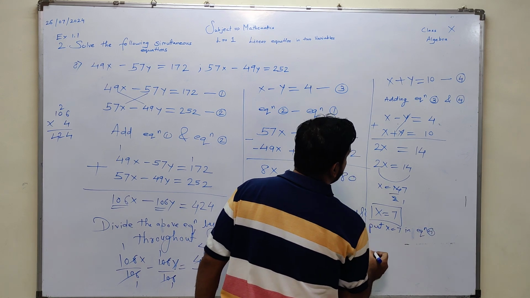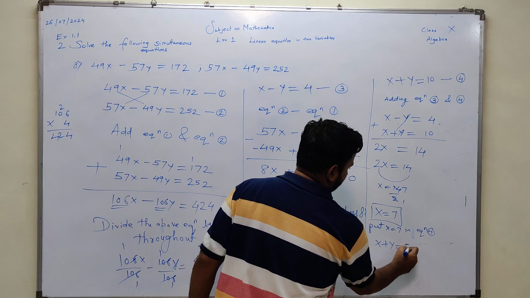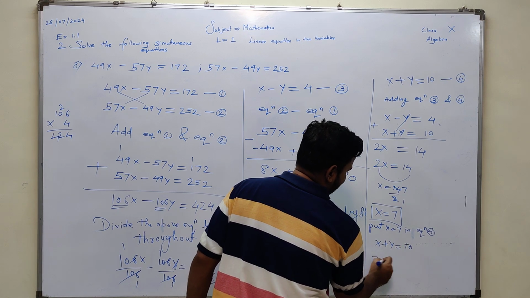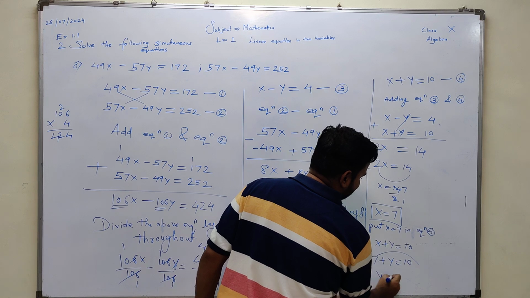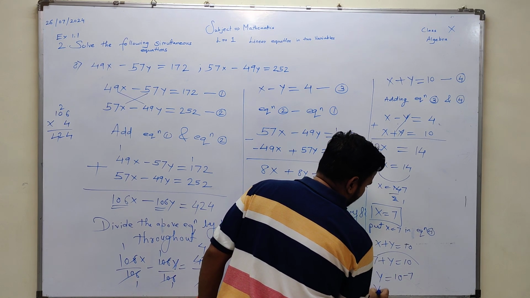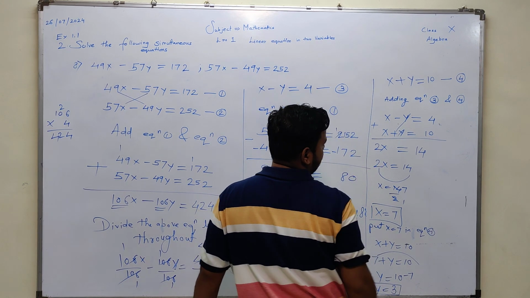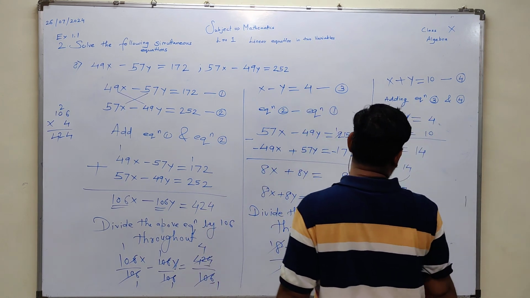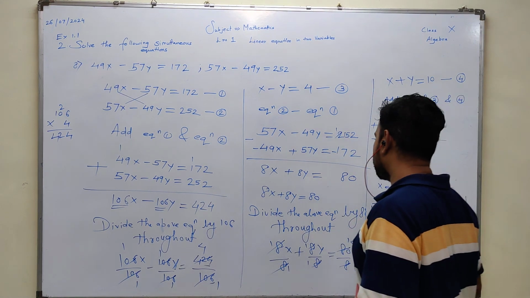So I will put x is equal to 7 in equation 4. That is x plus y is equal to 10. So this will be 7 plus y is equal to 10. This will go to the other side. Y is equal to 10 minus 7. We get y is equal to 3. So this is your final answer. So you have the solution. What is the solution?